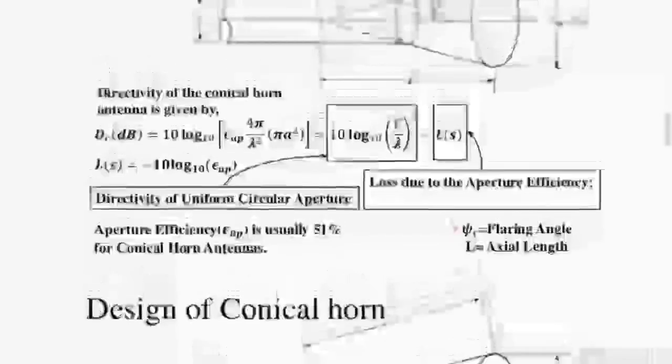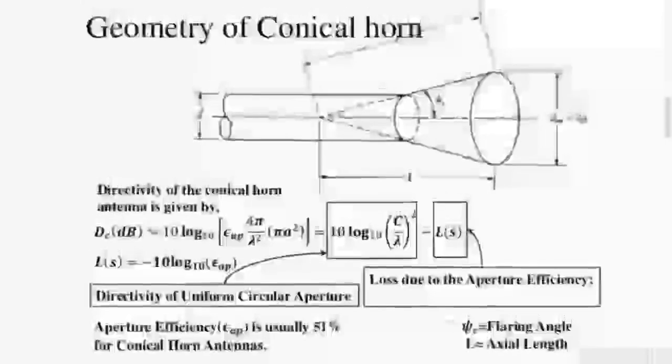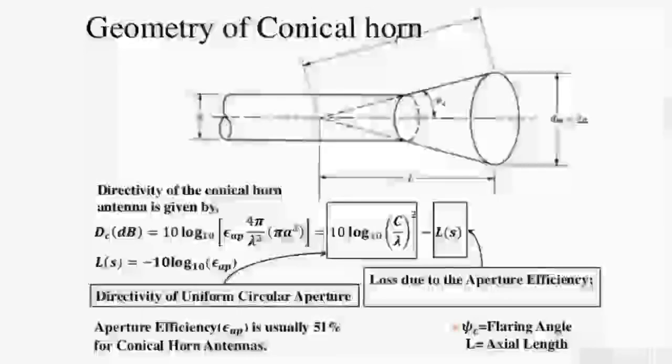This is the geometry of the conical horn, which also gives three equations: the directivity of the conical horn, the loss due to aperture efficiency, and the directivity of a uniform circular aperture. Please remember, these are the design considerations of the conical horn antenna, those graphs and the applications. We have also seen the structure and working of the conical horn antenna and the objective of providing the flaring at the opening of the waveguide.